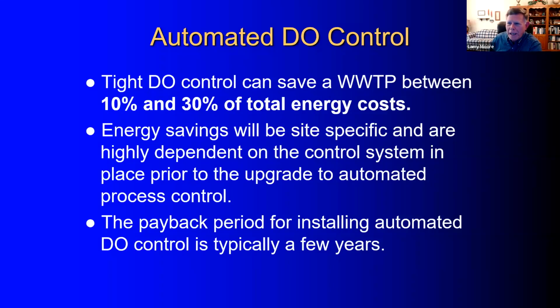You may not be doing any DO control right now, and if you aren't, then there's a lot of opportunity for you to save energy. And in the payback period, if you install an automatic DO control system, put DO probes in your reactors, and do the connections that you need to your PLC, and provide automatic control, you're going to spend some money, but typically it will pay for itself in 2 or 3 years in terms of energy savings.